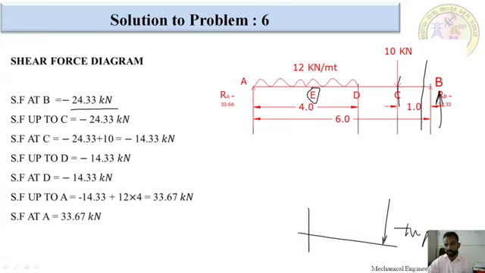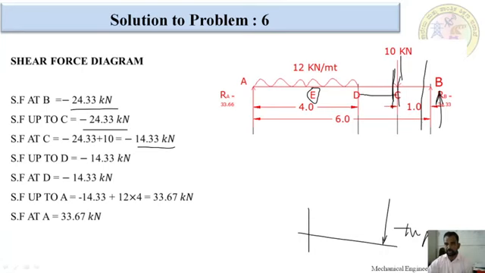Up to C point we are having the same load, negative 24.33. At C point we are having a different load. This is negative, this one is positive. Right, minus 24.33 plus 10 kilonewton, negative 14.33.